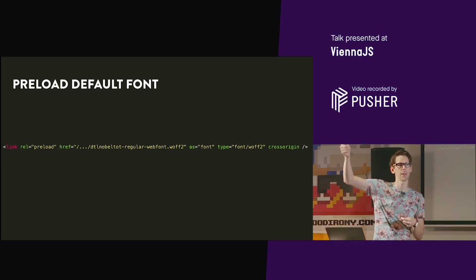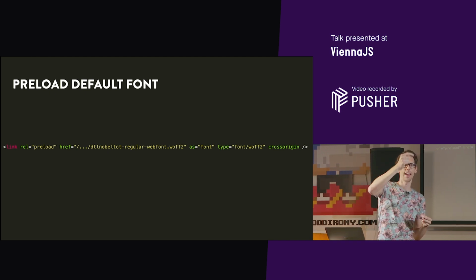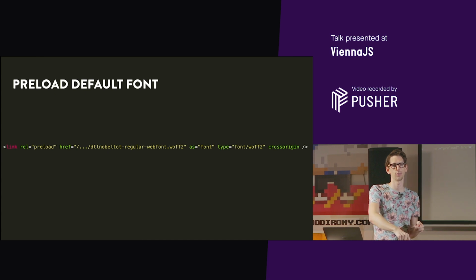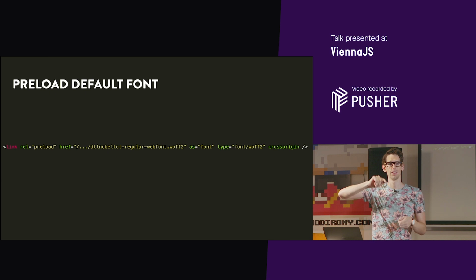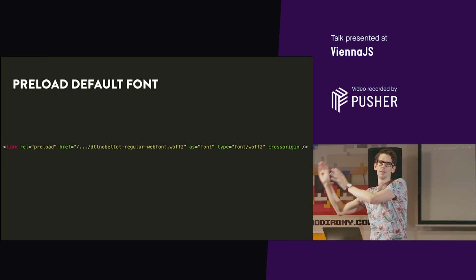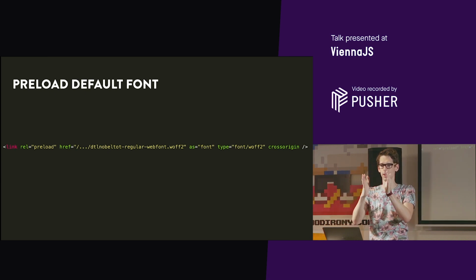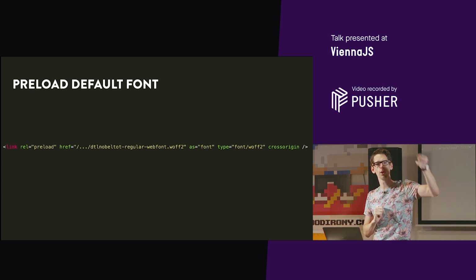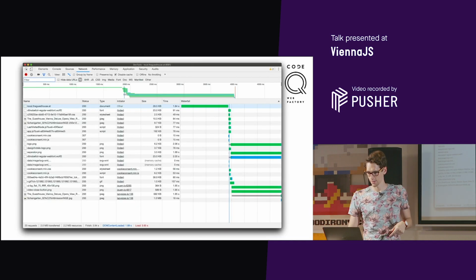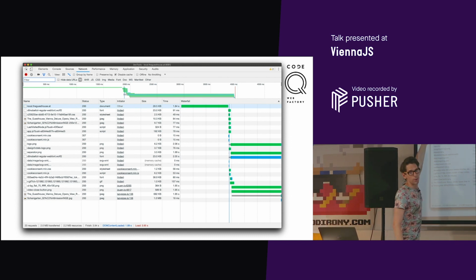So I'm downloading a CSS file, that CSS file finds that it needs a font, and then it loads the font. So it's HTML, CSS, font, and I want to get the font in the middle. So I'm defining preload. Preload means that when it's reading one of the first bytes of the HTML, it already knows, oh, I need to load that font. So this actually moves my font to the top.